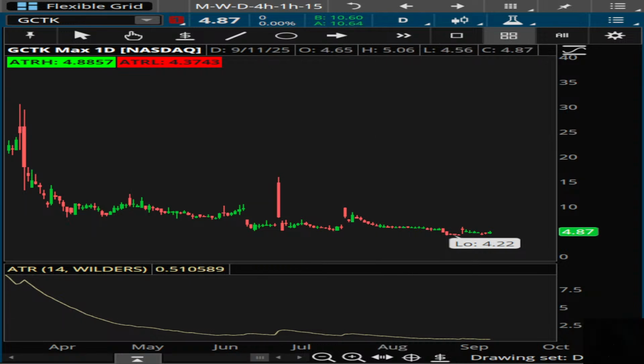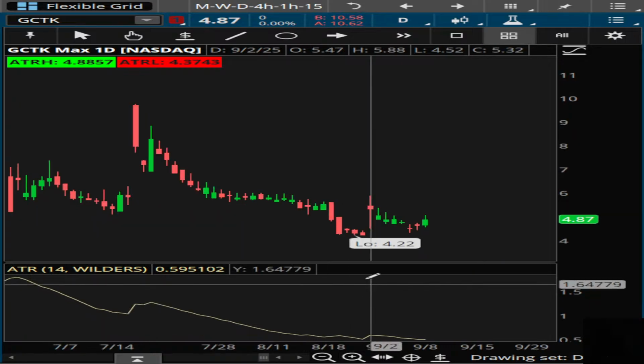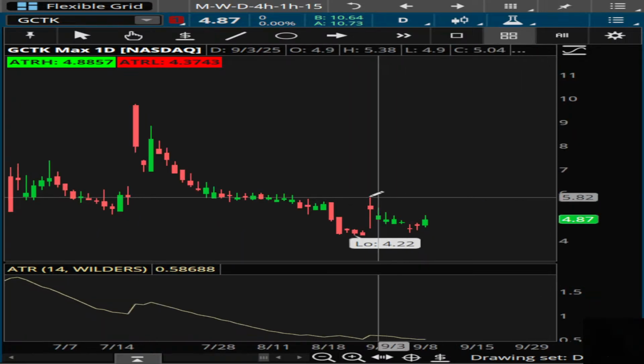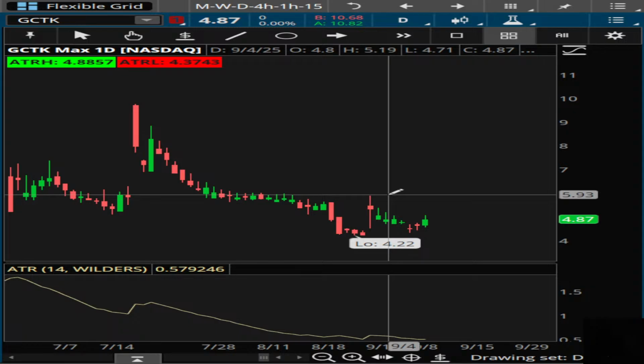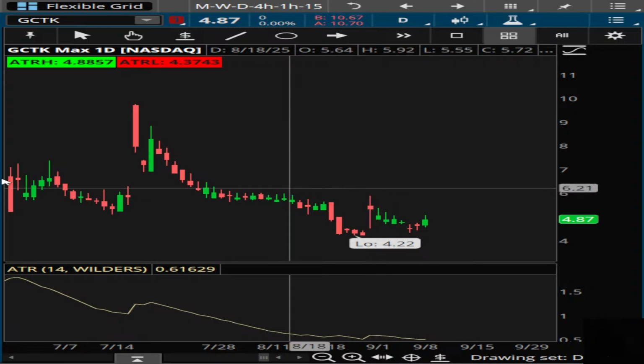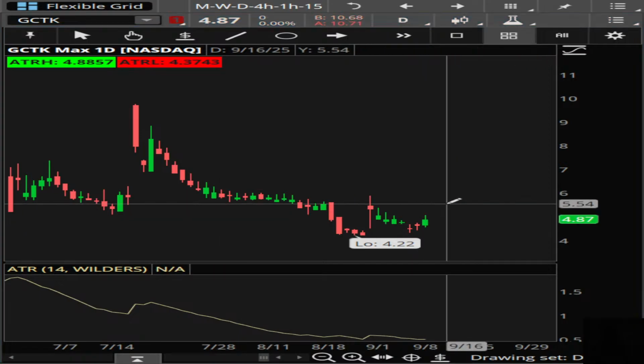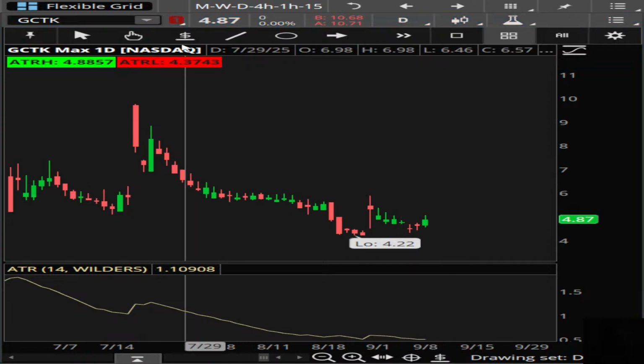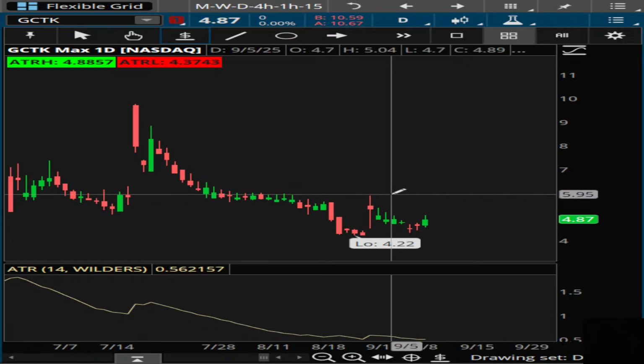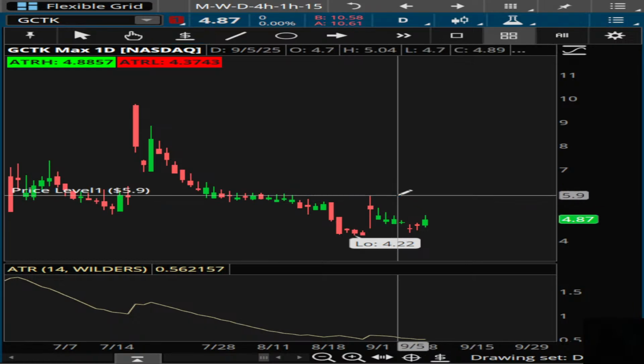Okay. So GCTK closed at 487. Had a level around the 593s here. That could be a possible daily. Right under $6.